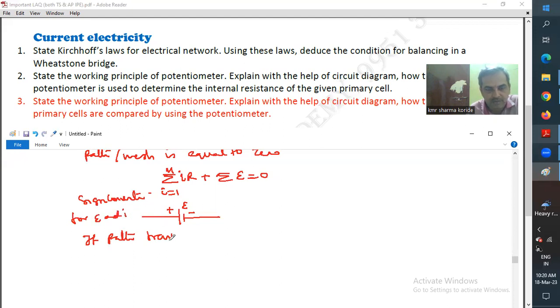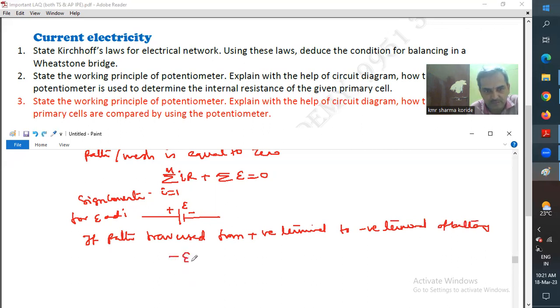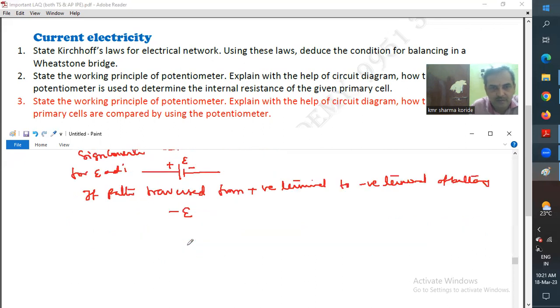Whenever you apply Kirchhoff's second law, if the path is traversed from positive terminal to negative terminal of a battery, then it should be considered, sorry, it should be considered as negative. EMF should be negative.